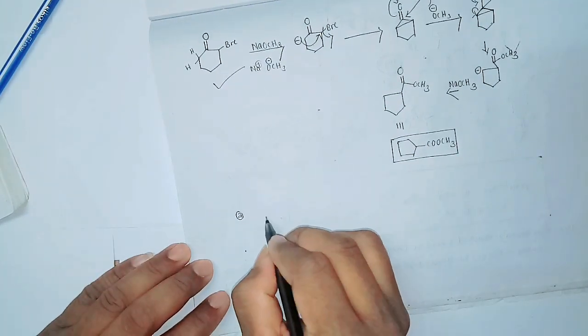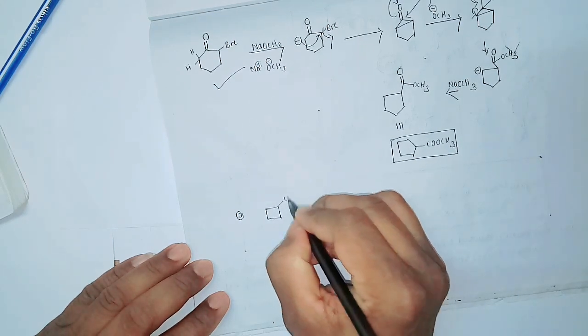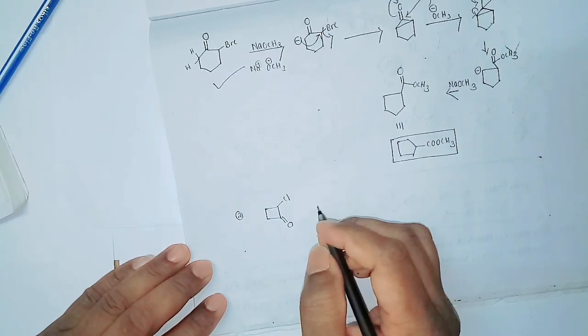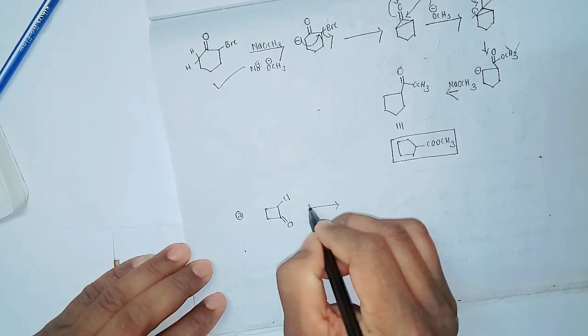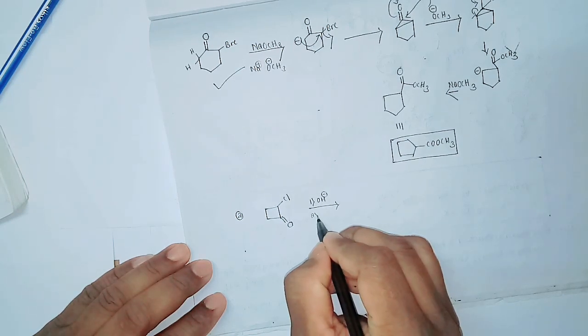For example, we have a four ring with a chlorine atom. In the first condition we have OH minus, second condition HCl.